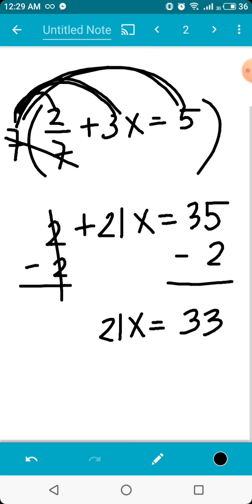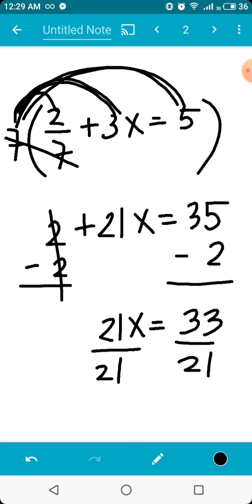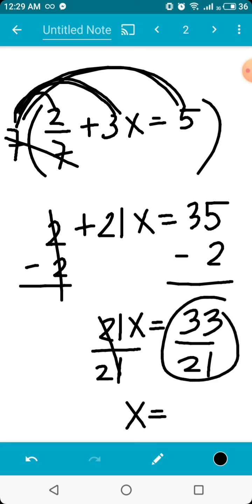Okay? And to cancel 21 as coefficient ni x, para sa x na lang matira, so divide it also by 21. Okay? So, ang natira na lang ay x. So, we have here 33 over 21. So, wala tayong eksaktong sagot dyan, but we can simplify or get the lowest term.